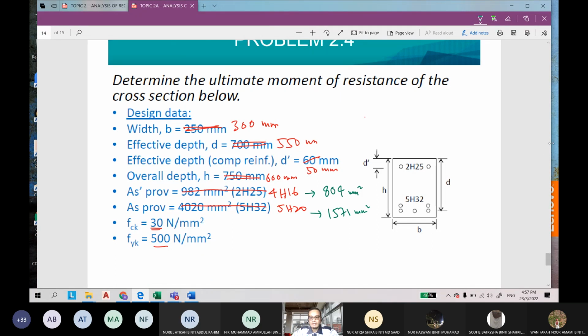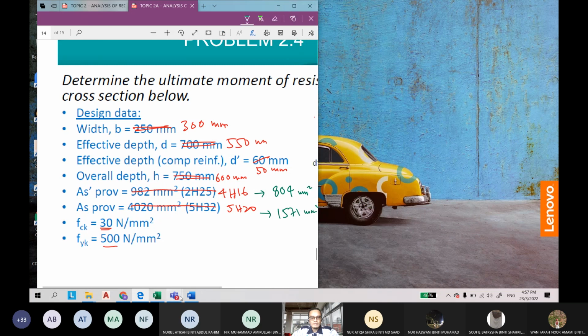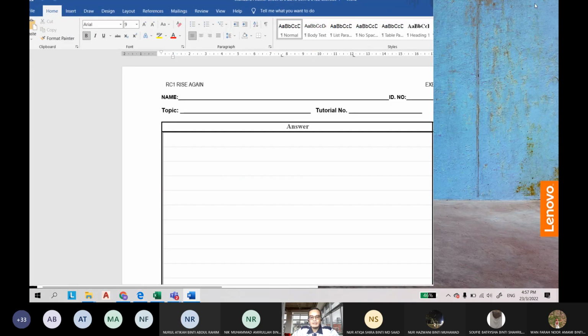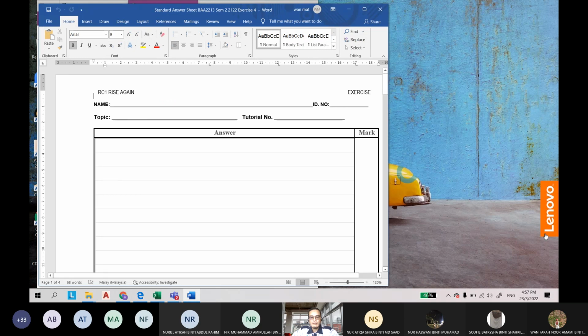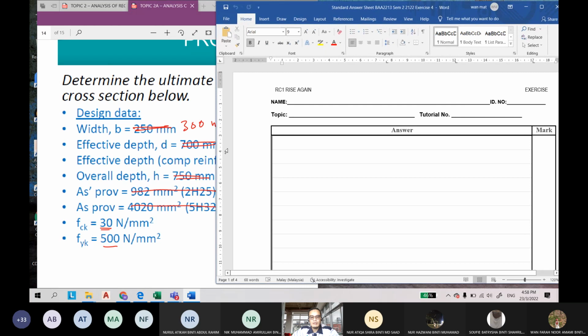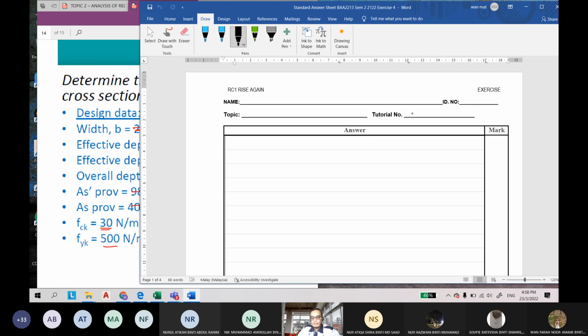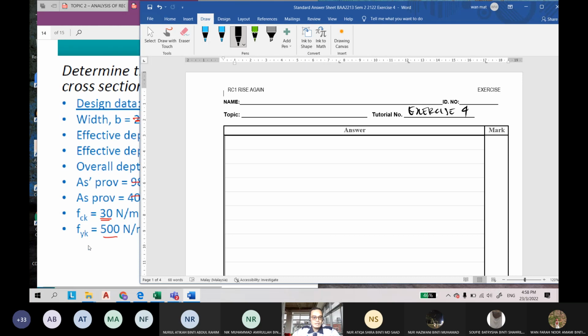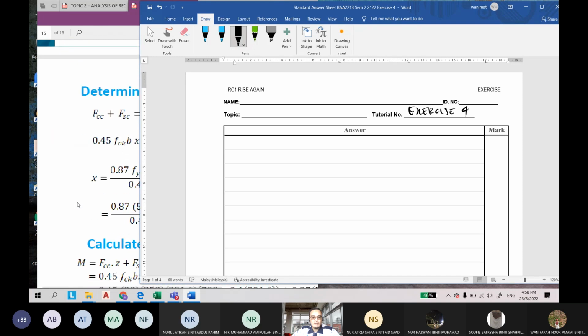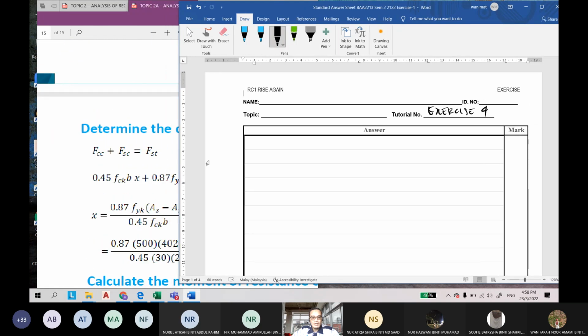So this is exercise number 4. The solution is just like our previous case: you have to determine the distance to the neutral axis, x.